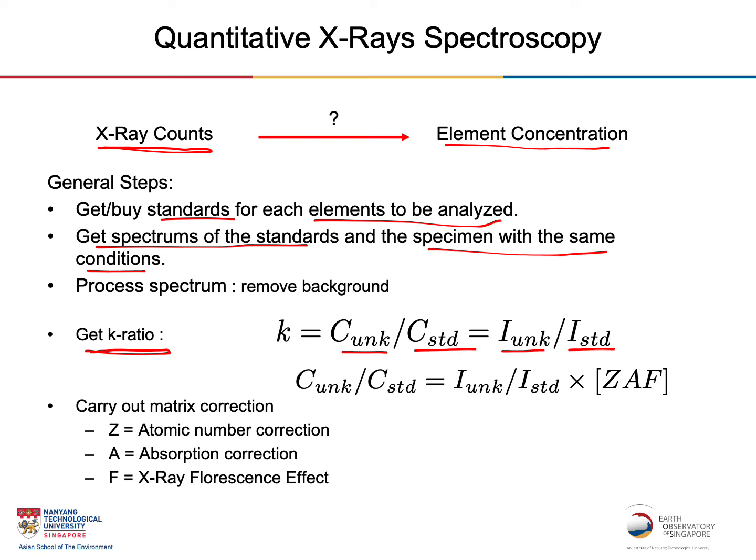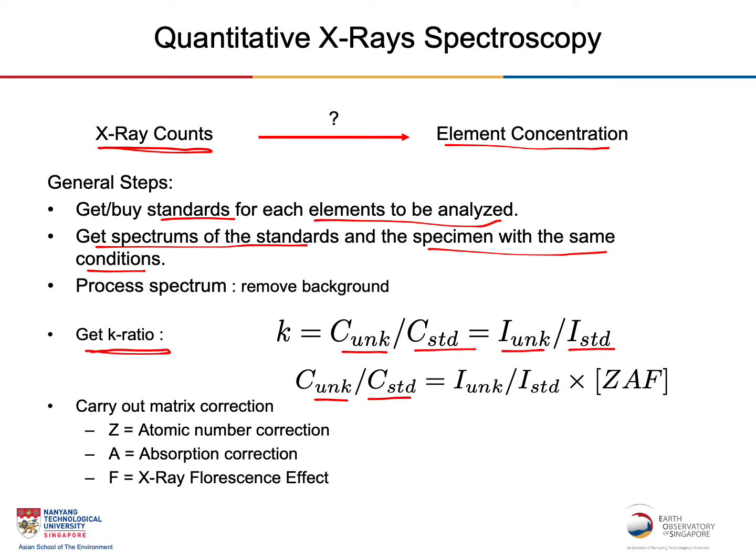Now, a little complication happens when the sample is not the same density as the standard. The unknown sample may have a different interaction volume from the standard. So it could be bigger, it could be smaller.